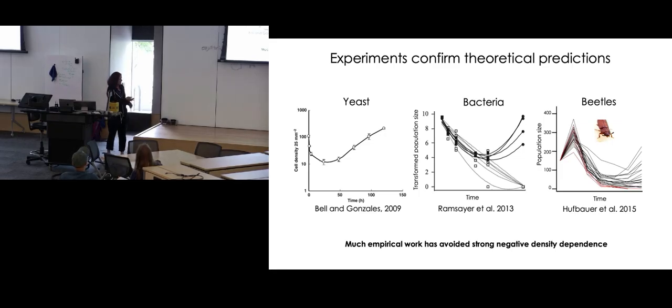So we know things about evolutionary rescue, like genetic diversity enhances rescue, which makes sense: more diversity, more evolution. That has been explored pretty well, but we don't really know about negative density dependence and how that could influence evolutionary rescue. And this is really important because density dependence is super common.